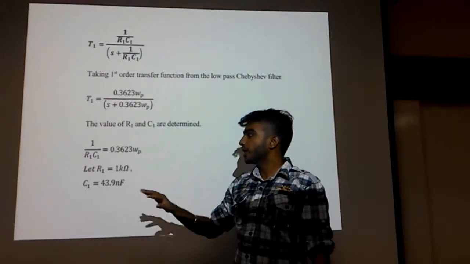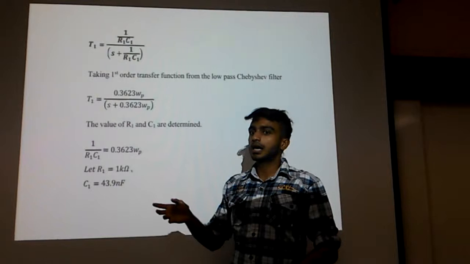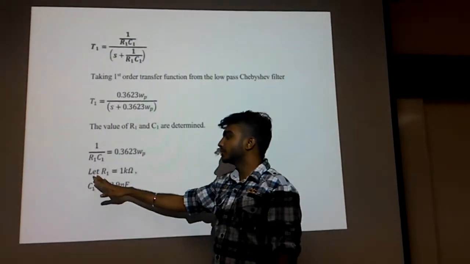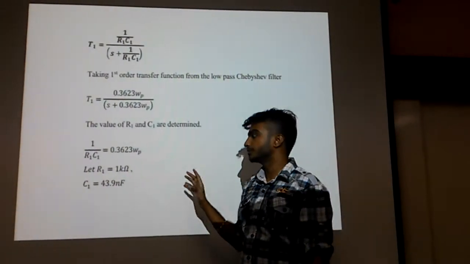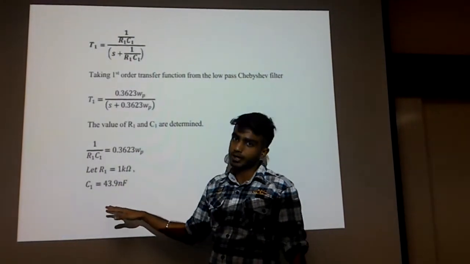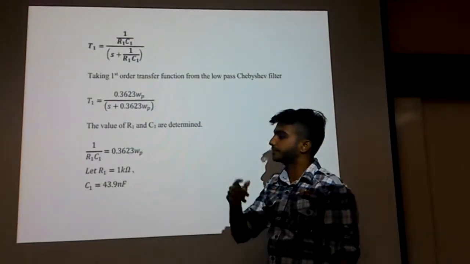There are two parameters we should take into consideration. So we let R1 be 1 kilo ohm. With R1 as 1 kilo ohm, we then find C1. From there we obtain R1 and C1.